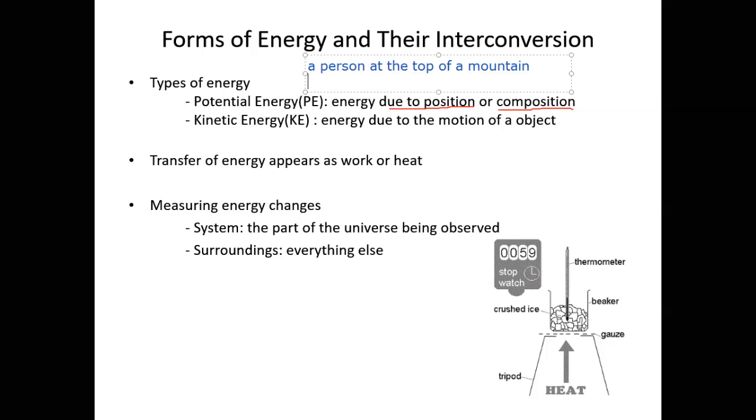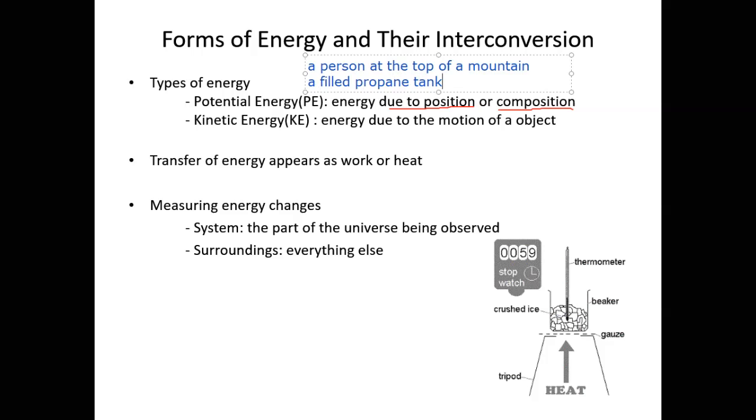Another type of potential energy is based on composition. So we could say, for example, a filled propane tank has potential energy because the propane has energy stored in its bonds. So due to its composition, it has potential energy. So that's what we mean by position and composition.